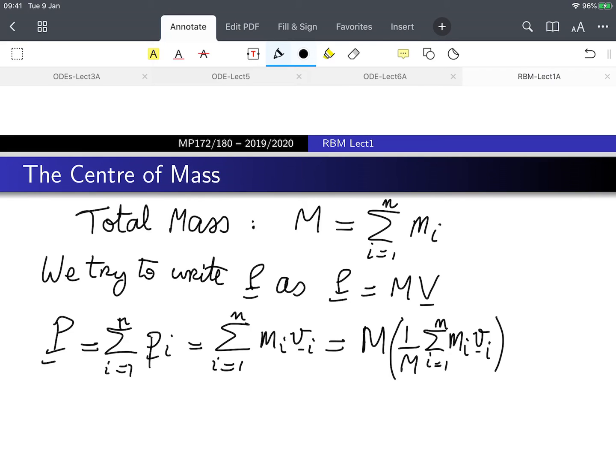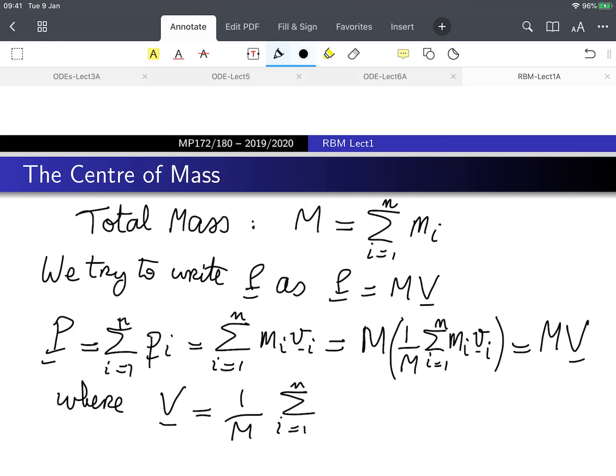If you look at the dimensions, 1 over m is 1 over kilos, and then I have m_i v_i, that's kilos, so kilos over kilos cancel out, I have a velocity. So I'm just going to call that V, where V equals 1 over m times the sum of m_i v_i.